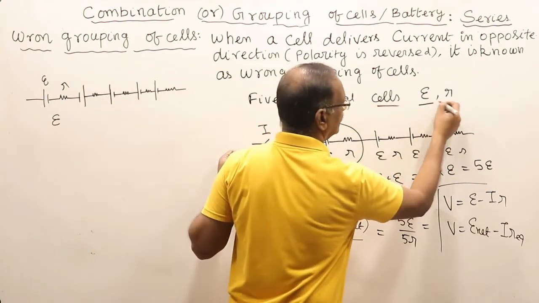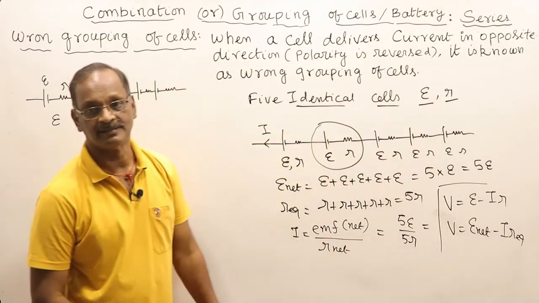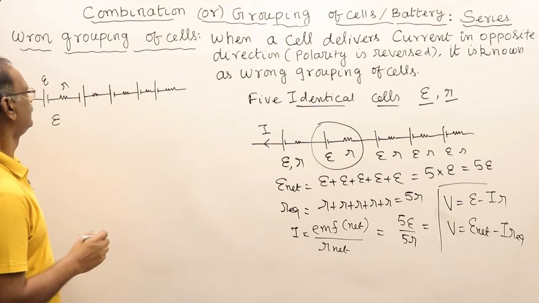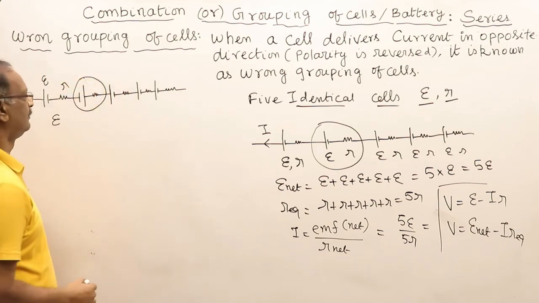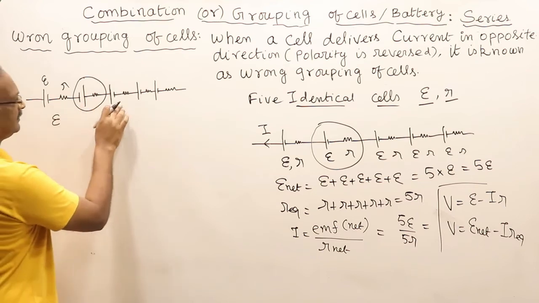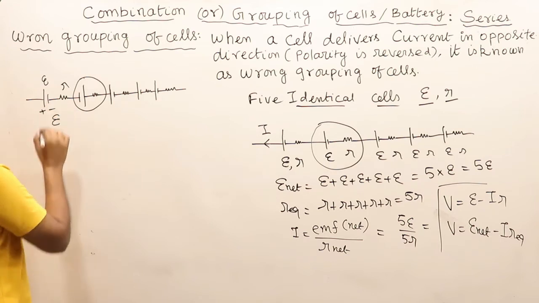This second cell is wrongly grouped, because its polarity is negative, positive while the others are positive, negative.